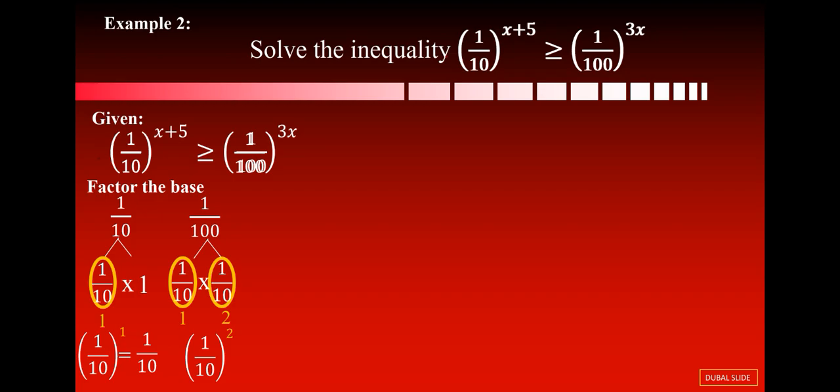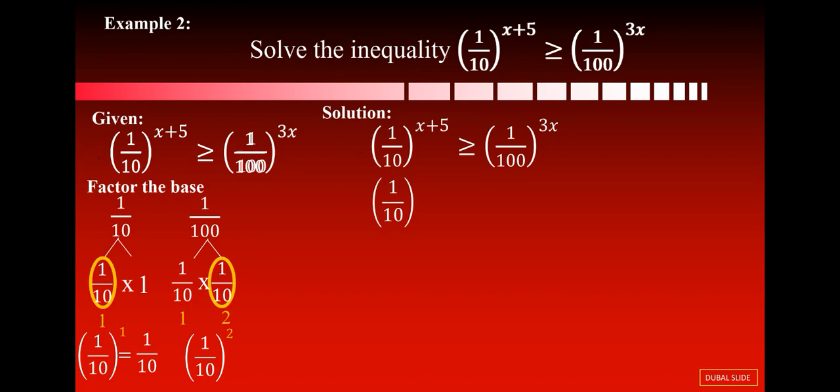Now, let's proceed with the solution. Again, our problem is (1 over 10) to the power of x plus 5 greater than or equal to (1 over 100) to the power of 3x. The exponential form of 1 over 10 is 1 over 10, and we're going to copy the exponent, which is x plus 5, together with the inequality.